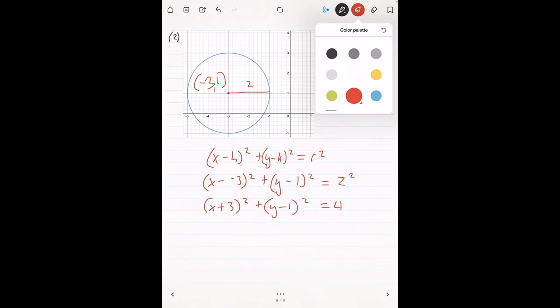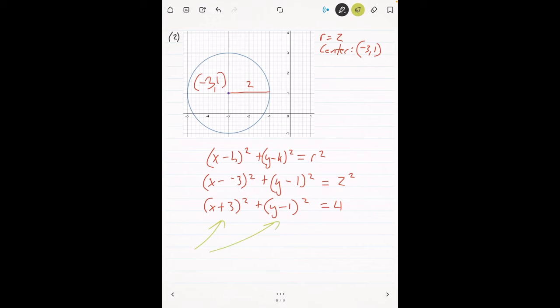Here is something, again, that students tend to make mistakes with. Notice here that I have x plus 3 and y minus 1, but the center point is actually -3 and +1. Signs flip.